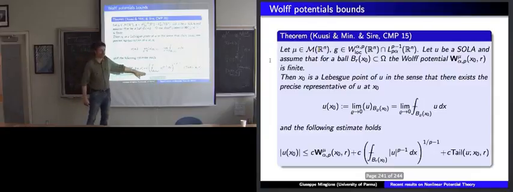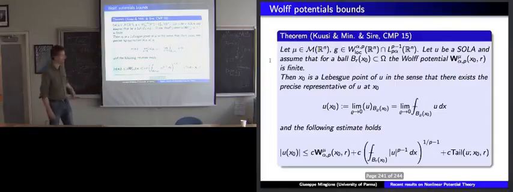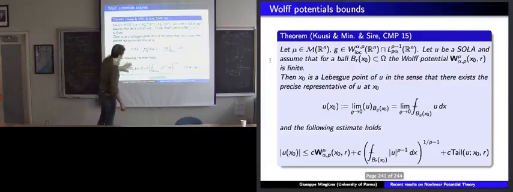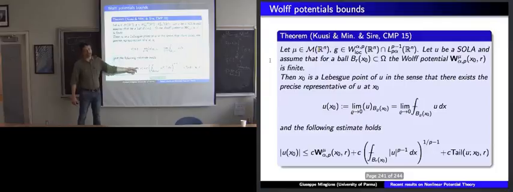Otherwise, this is plus infinity, and who cares about everything? That's the point. The two things must be put together, because this line tells you that this estimate works for all those points that are really meaningful. Because either the right-hand side is plus infinity, and then who cares, or it's finite, and then this is a Lebesgue point.